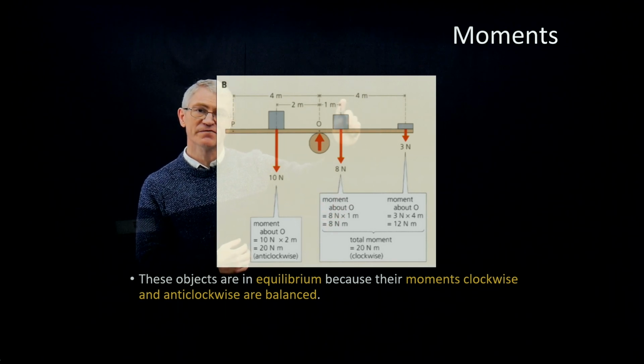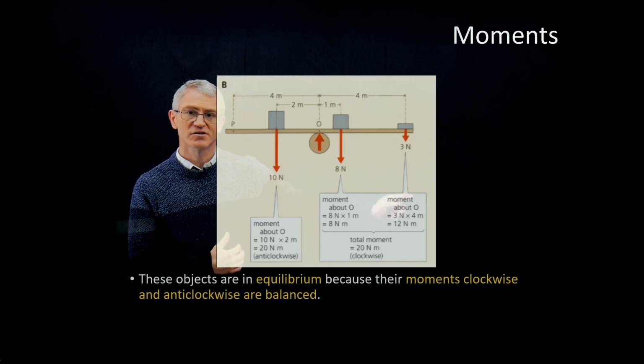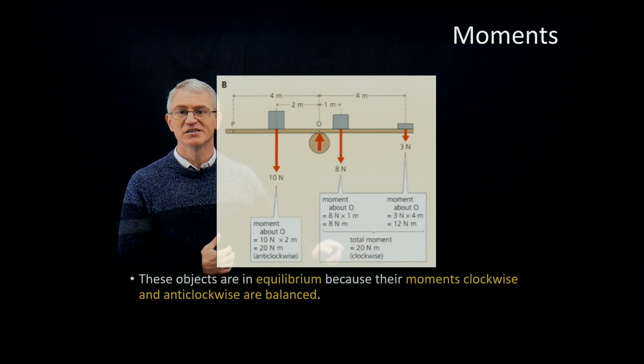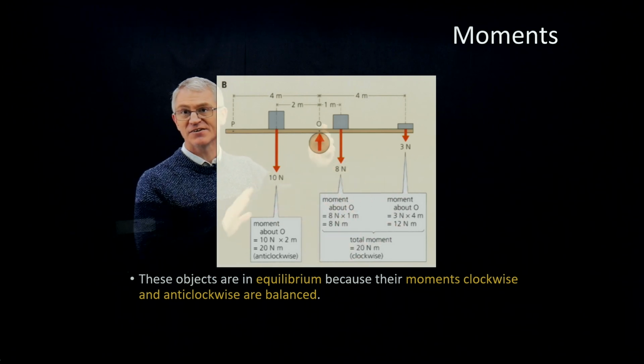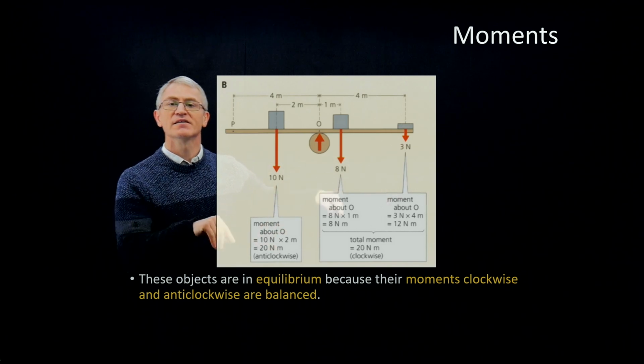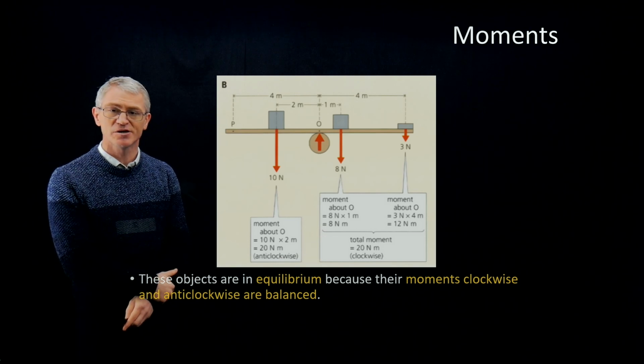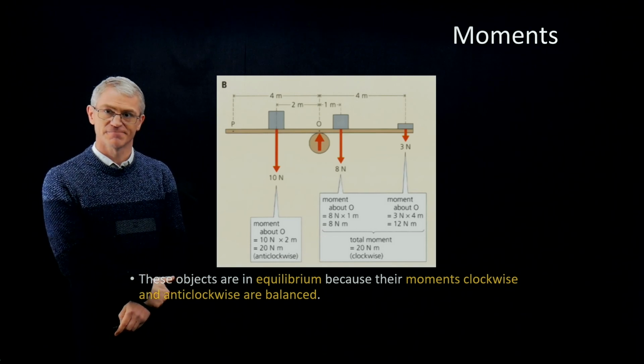And then this one is 4 times 3, which is 12. So that's 12 plus 8, which is 20. So you add the moments together if they're on the same side of the pivot and going in the same direction. That means clockwise 20 equals anti-clockwise 20, which means this is in equilibrium and it is balanced.